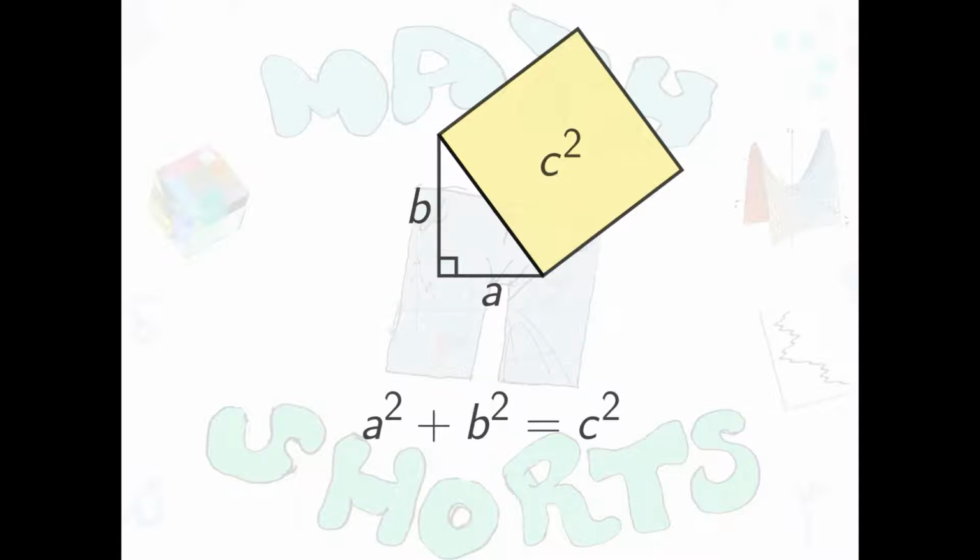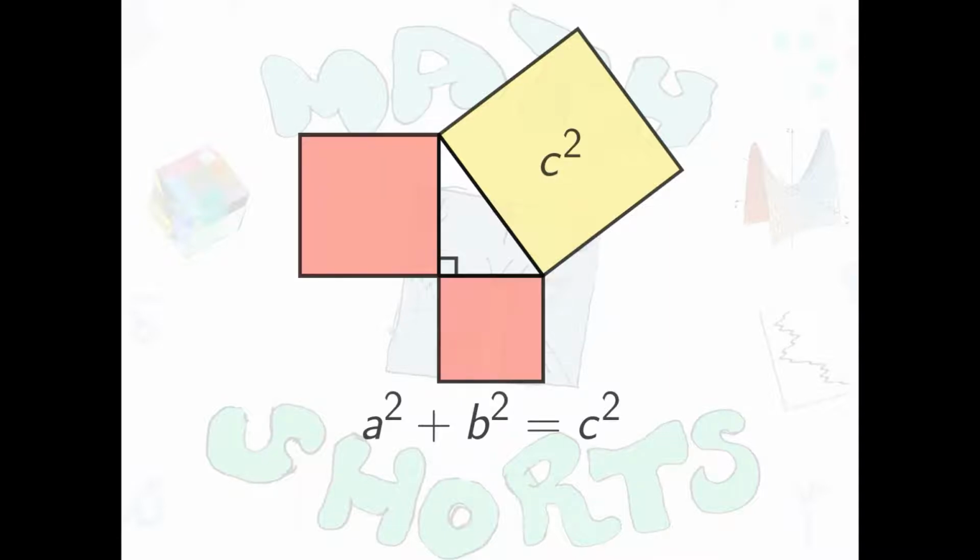And similarly, if I construct squares on the sides of the legs, they will have areas a squared and b squared. So the Pythagorean theorem is really stating that if you take the squares on all the three sides, the areas of the two smallest squares are going to add up to the area of the larger square.